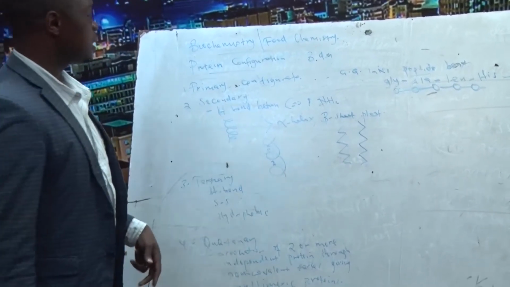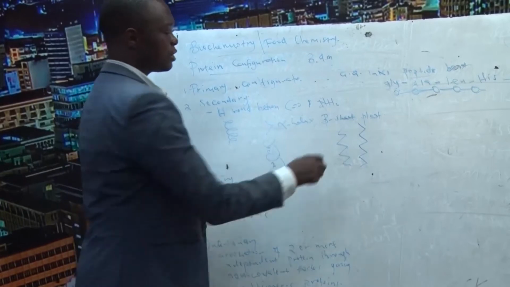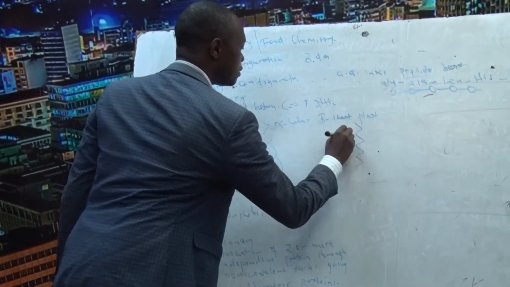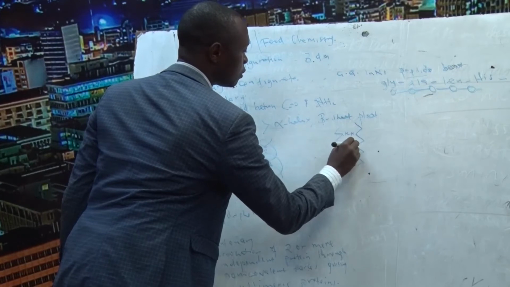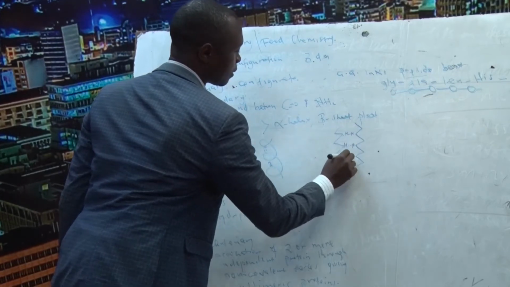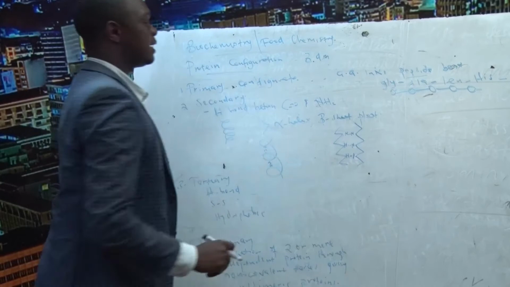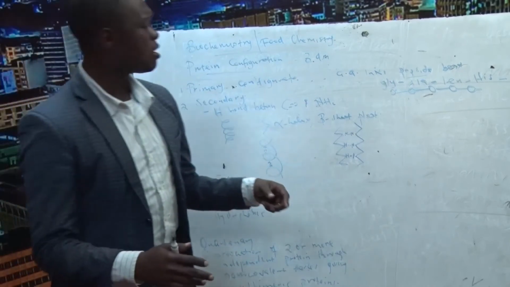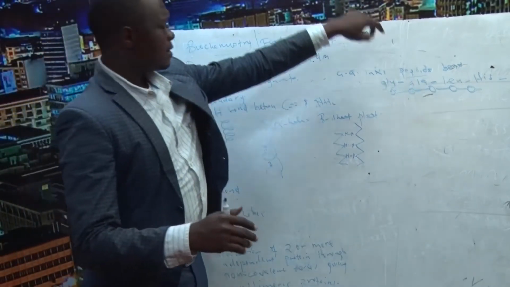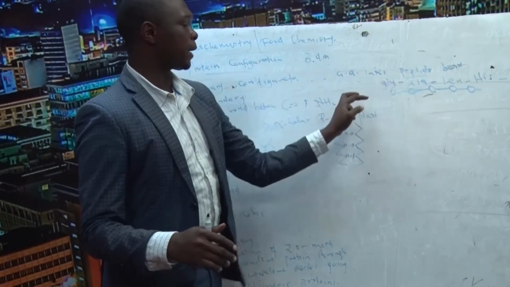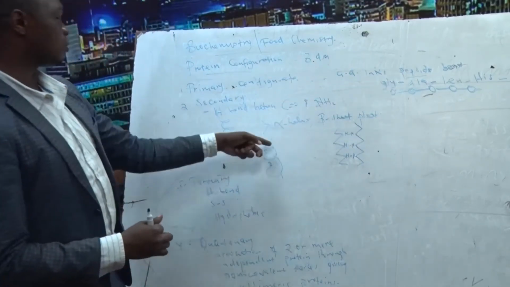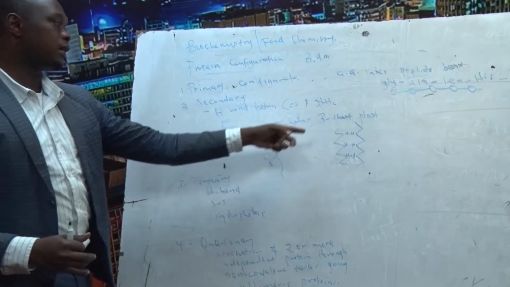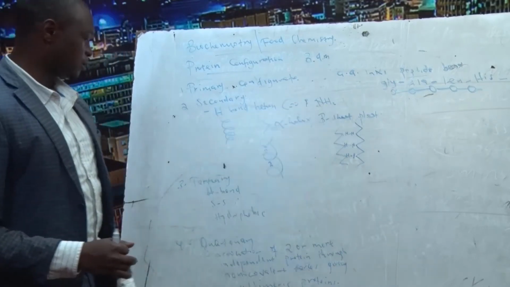If it is a beta sheet, we can have the hydrogen bonds linking that way. So basically it is the amide of this chain of the primary conformation linking to form the helical proteins and the beta sheet proteins.